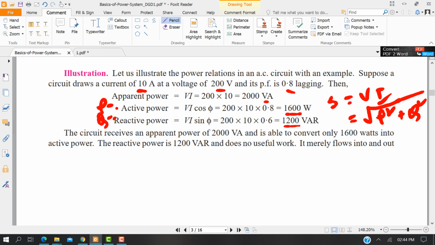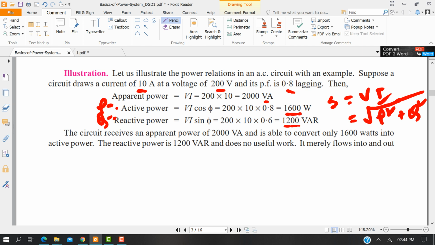Here the difference is that in a DC circuit we can directly write P equals VI, so we will get 2000 watts for the DC circuit, but in the AC circuit we get 1600 watts.